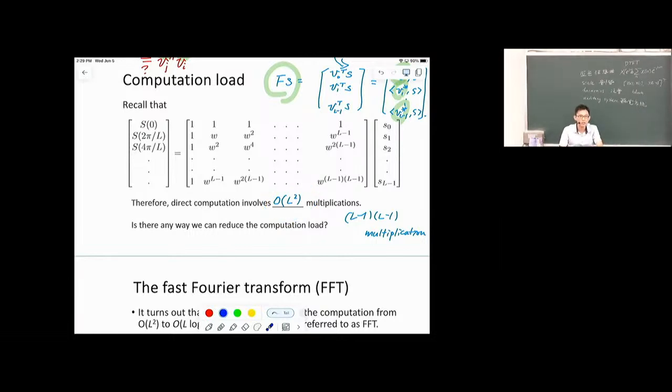It tells us that when we perform the inner product using the direct definition, the computation load seems to be in the order of L squared. There are so many multiplications that need to be performed to complete one block of Fourier transform. Is there any way we can reduce the computation load? Is there any way we can make it faster, accelerate the process?